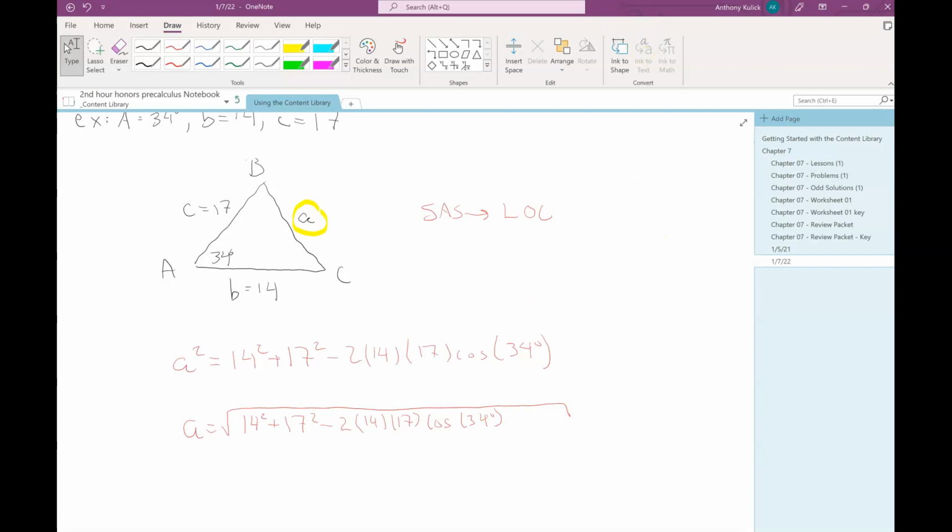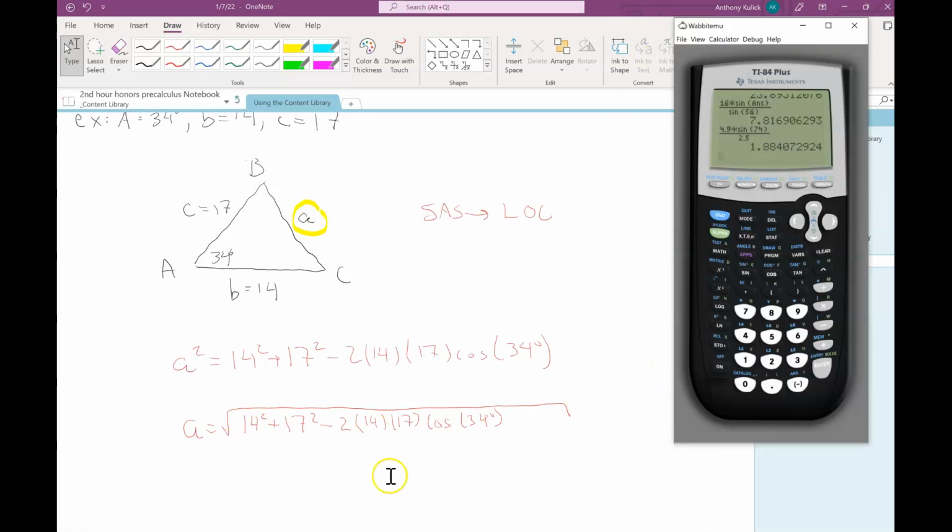And again, I would type this into my calculator exactly as I've written it. I wouldn't do any intermediate arithmetic. I just let the calculator handle the whole thing for me in one shot.